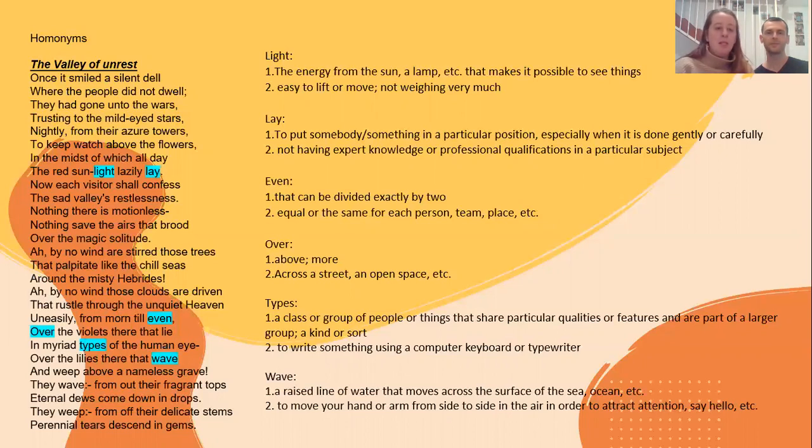But the homonym means to write something using a computer, keyboard, or typewriter. And wave is the last word that we found. In this text, it means a raised line of water that moves across the surface of the sea, ocean, etc. And the homonym means to move your hand or arm from side to side in the air in order to attract attention, say hello, etc.